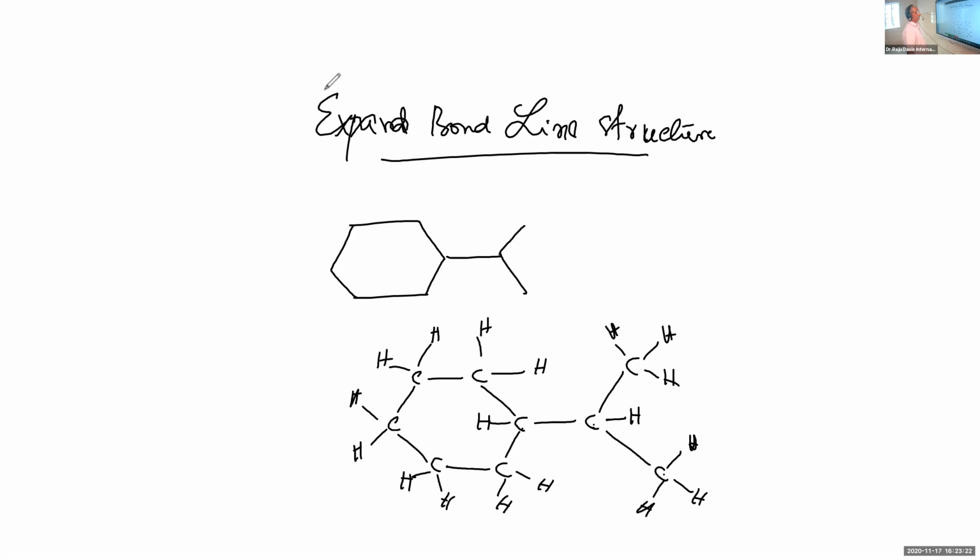What is given at the top is the bond line structure, and the other one is the structural formula, the complete structure. You try this one. Say a bond line structure like this is given to you. You try it for yourself. Okay, the complete structure: carbon, carbon, carbon, here also carbon, carbon, here also carbon. That structure is given.